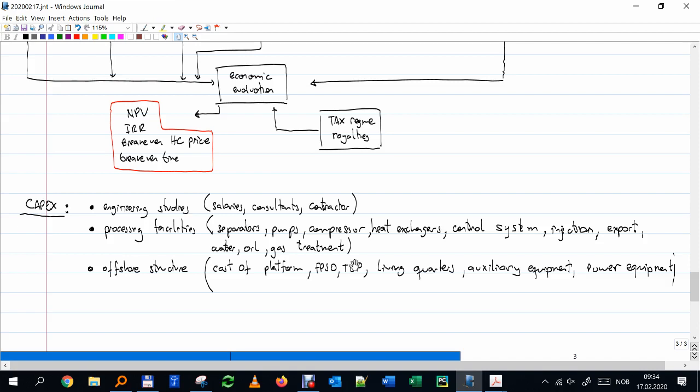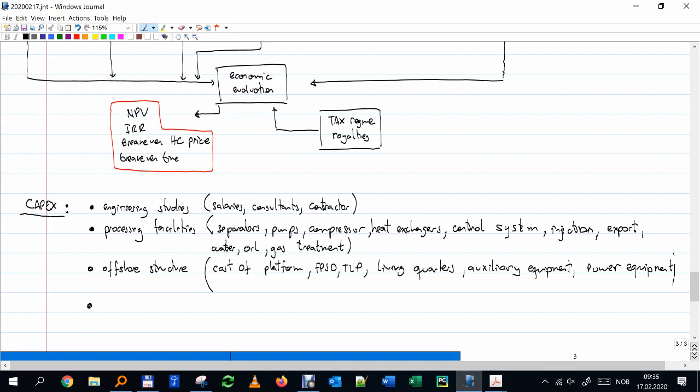If I put more weight, I need a bigger FPSO or a bigger platform. Maybe I need two of them. So that really depends on the facilities, what I'm going to put on top, and the facilities depend very much on how I'm going to produce it, and how the GOR and water cut will change with time. So again, we have the same issue, which is a bit uncertain.